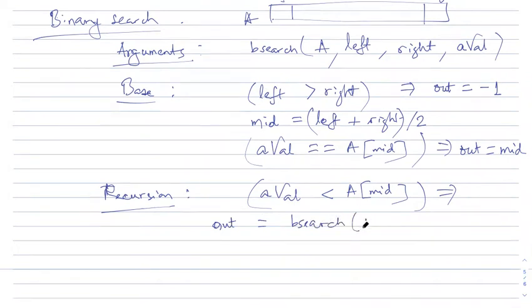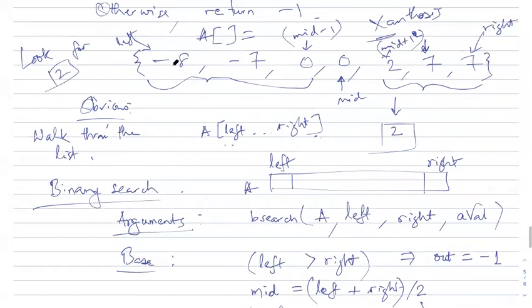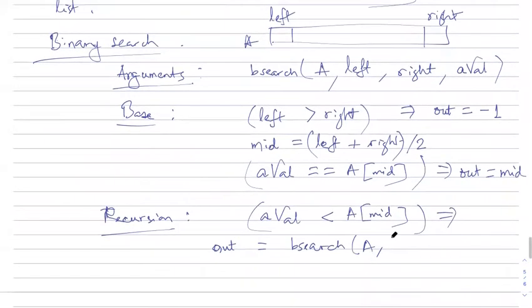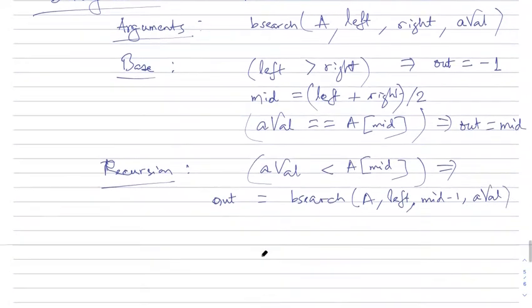Okay, what would be the argument? So a will come straight because it's the same array, but the range has now changed because I'm looking in the left side. So left side would mean left to mid minus 1, right? So it would be left to mid minus 1 and passing in the value I'm looking for, which is a val, correct?